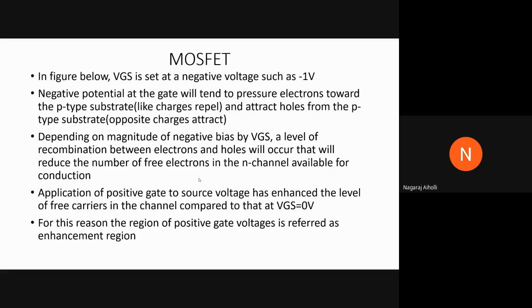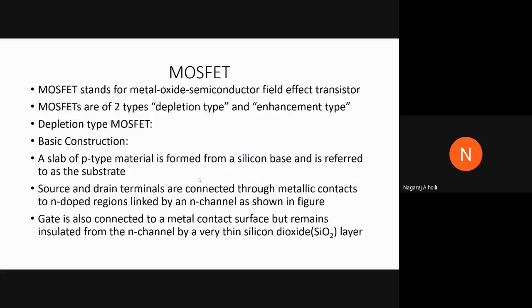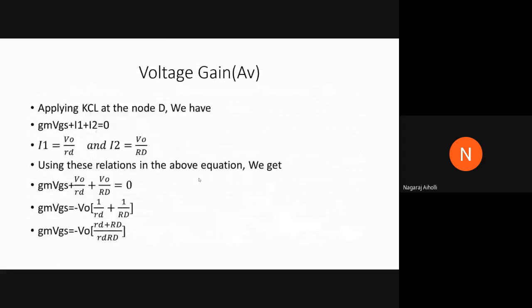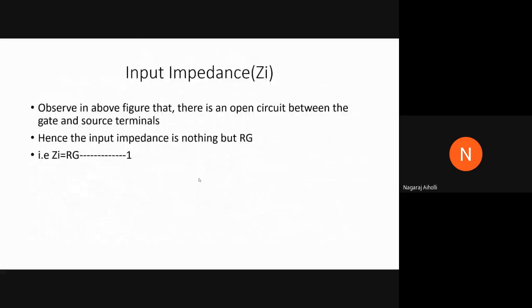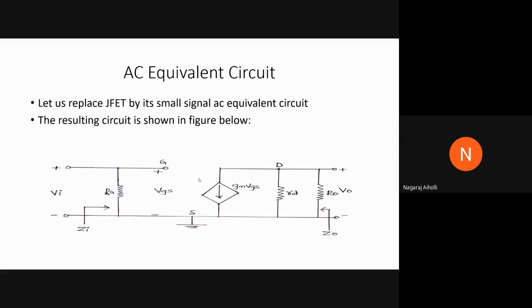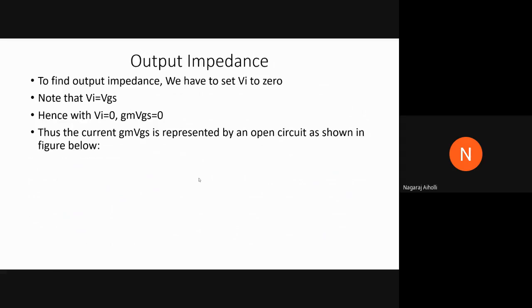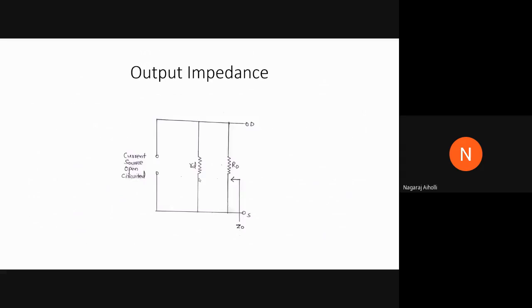So students, in today's class, we have discussed the performance parameters. We started with the AC equivalent circuit of the JFET, fixed bias common source circuit, and output impedance, to derive the equation.